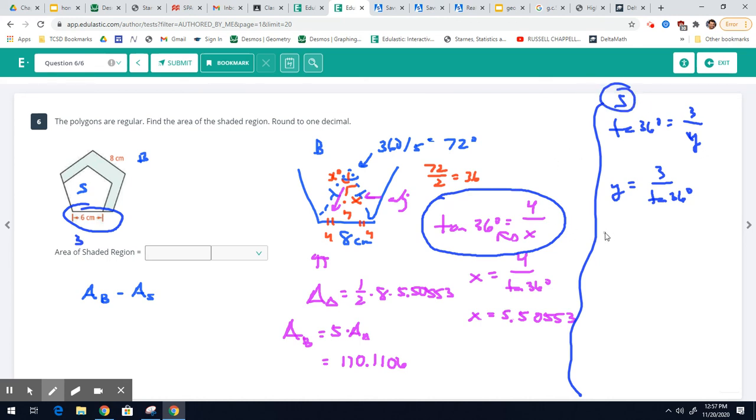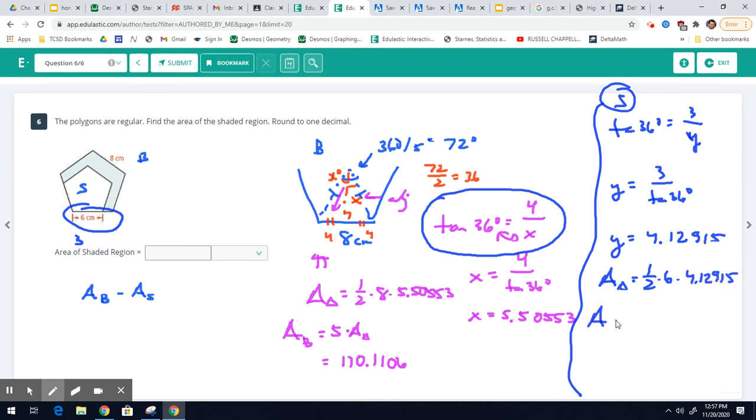And when I type in 3 divided by the tangent of 36, I do get an apothem, or a height, of 4.12915. Okay? So then to find the area of one of those triangles, we're going to take 1/2 times 6, which was the base given to us in the small pentagon, times 4.12915.